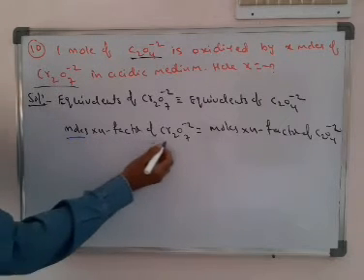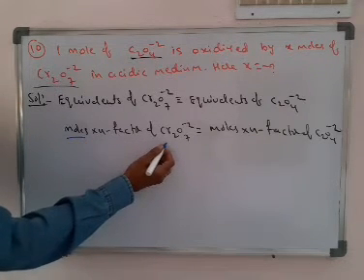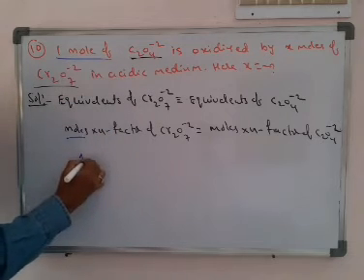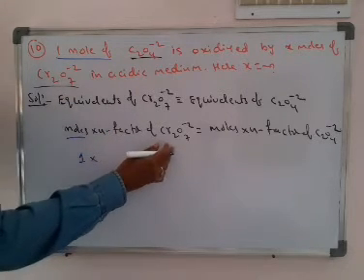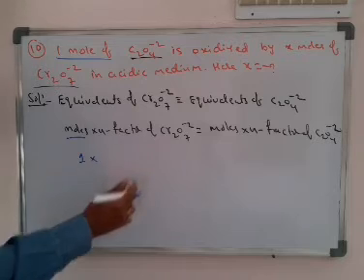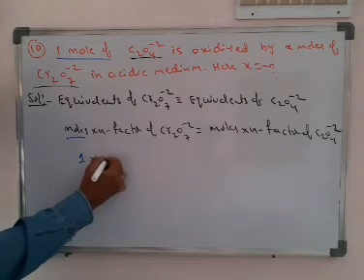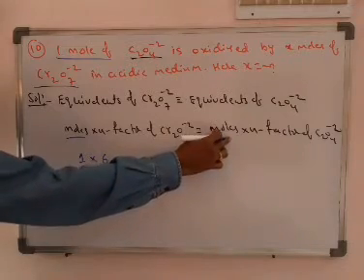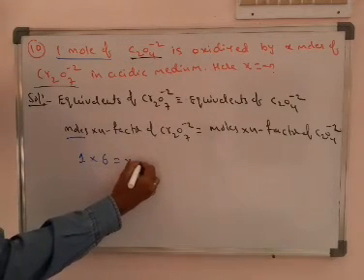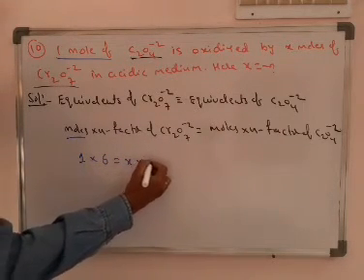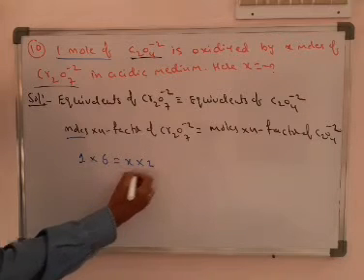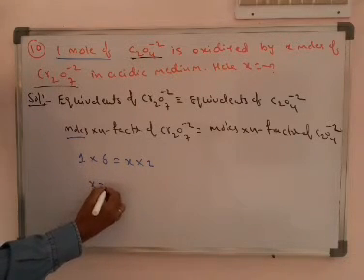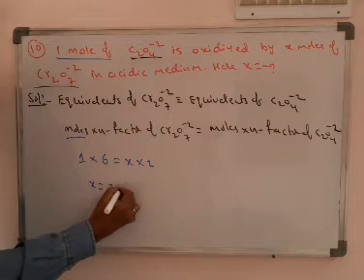So how many moles of Cr2O7 minus 2? It's 1 mole. What is the oxidation N factor for Cr2O7? I think its N factor is 6. What is the N factor for oxalate? Oxalate we just calculated in the last problem, that is equal to 2. So here x equals 3.